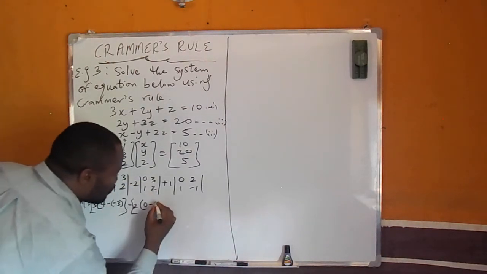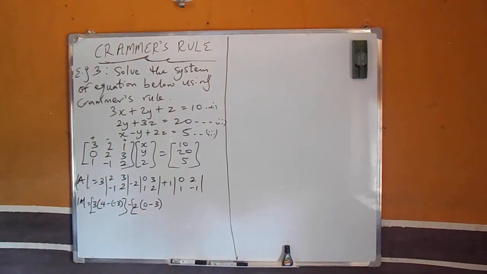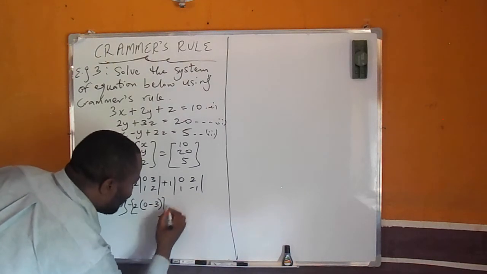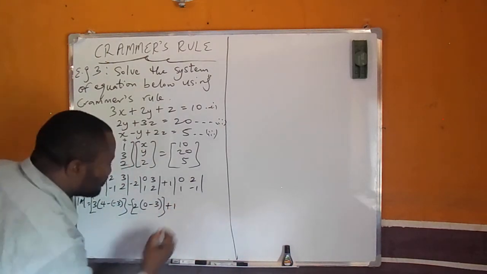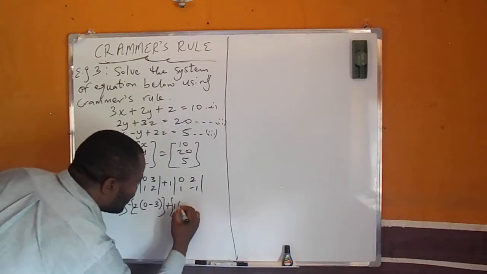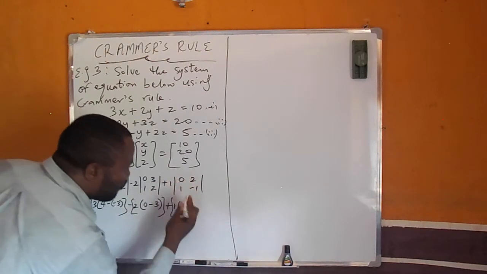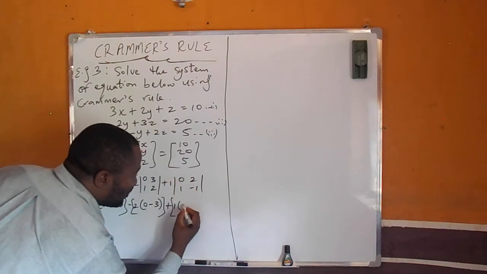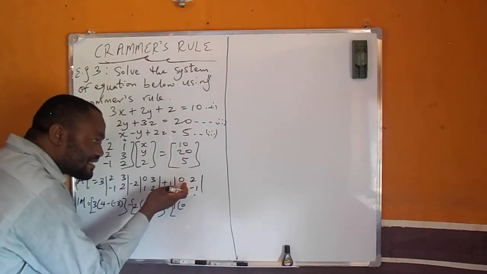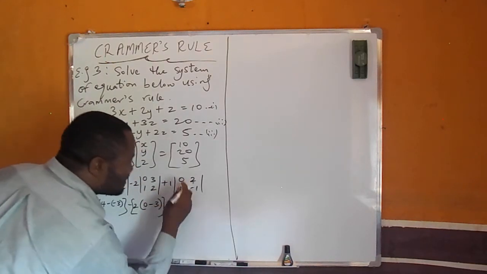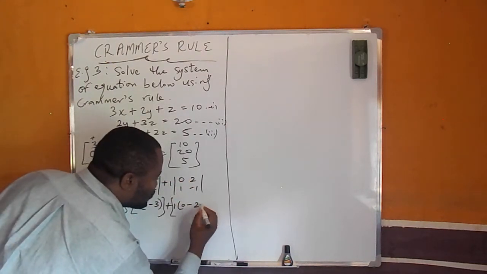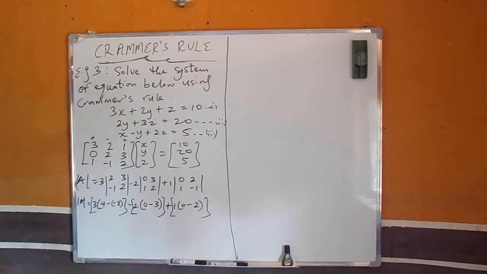Negative 3 times 1, negative 3. We have the bracket close like this. We now have plus 1 in bracket 0 times negative 1 will give us 0. And the negative that is here before, negative 2 times 1, negative 2, bracket close.